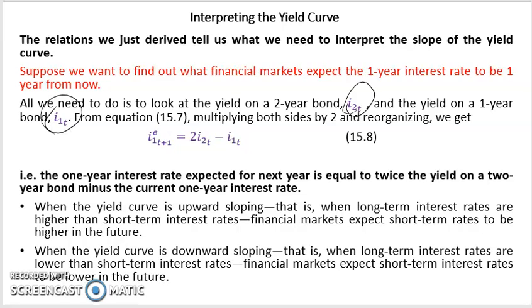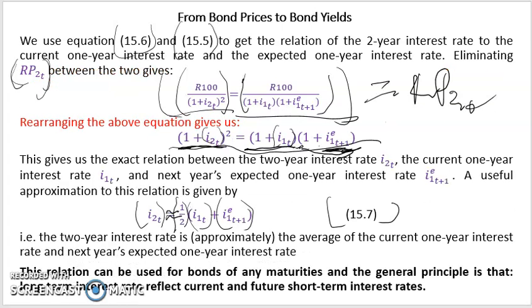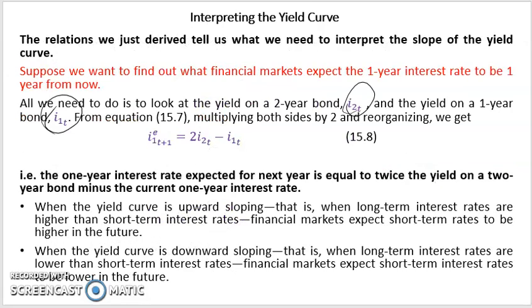So from equation 15.7, multiplying both sides of this equation by 2 and reorganizing, we get this relation, equation 15.8, which basically tells us that the 1-year interest rate expected for next year is equal to twice the yield on a 2-year bond minus the current 1-year interest rate.